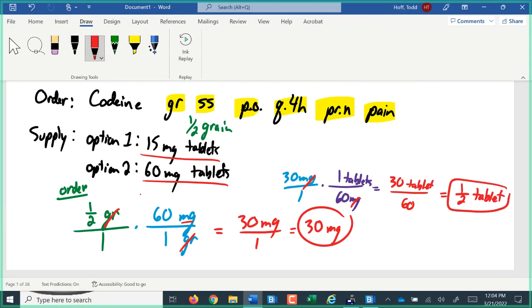Now again, we can do that. We're allowed to cut tablets in half. But we try to avoid it because, one, it's messy and it can be not a terribly precise process.